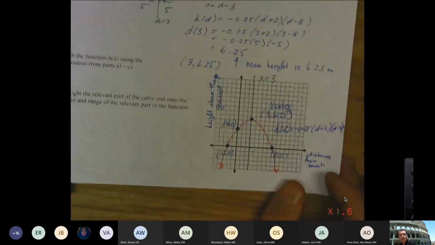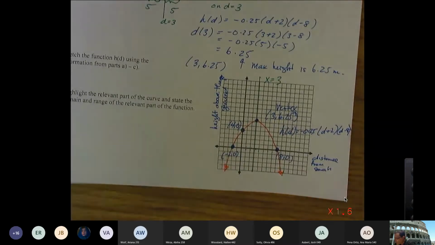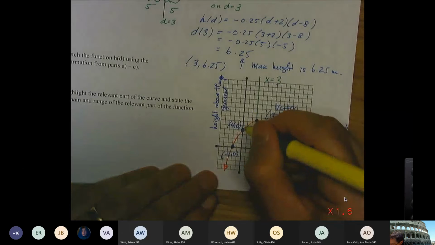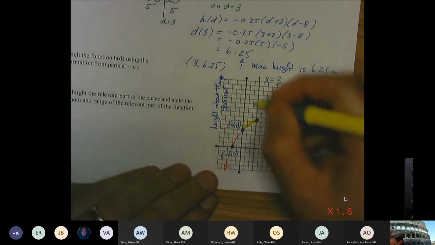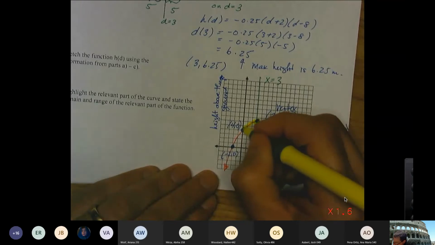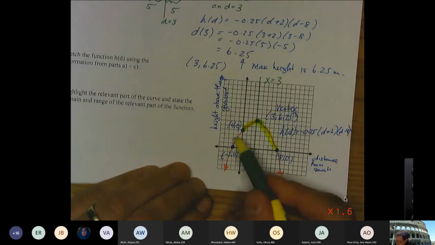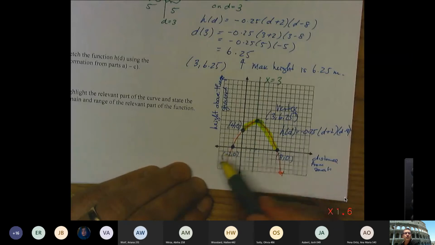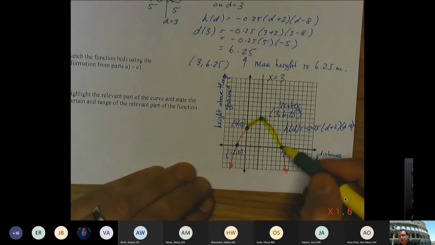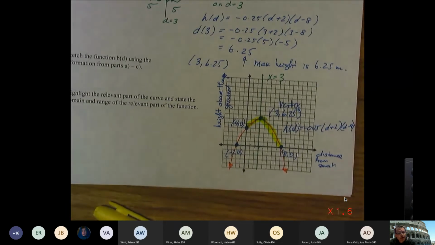Not all of it makes sense to this problem. The ball only went up and then down. That's the only part that makes sense to the problem. It didn't fall behind Sarah, and it certainly didn't fall below the ground, or at least we have no reason to believe that it would fall below the ground. It didn't fall into a hole or anything like that.